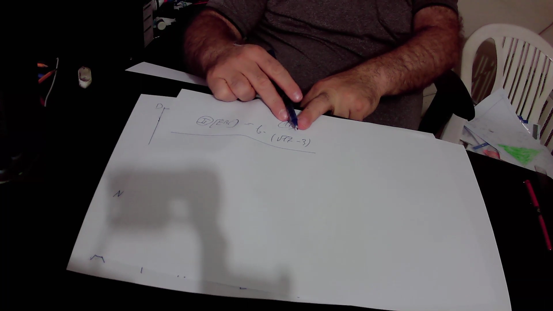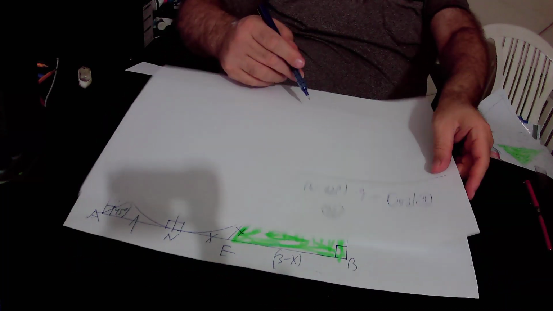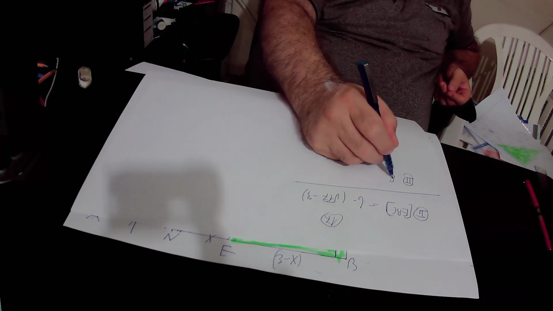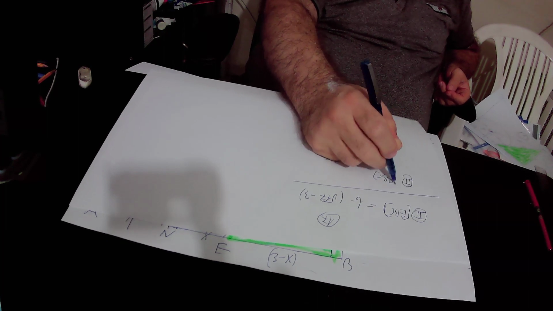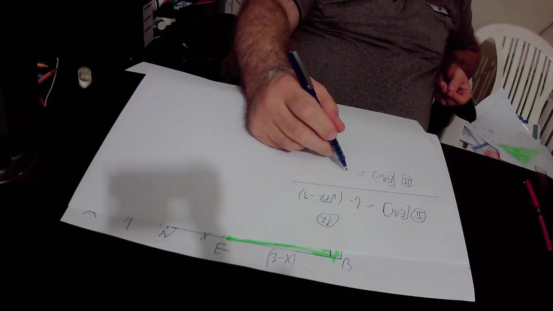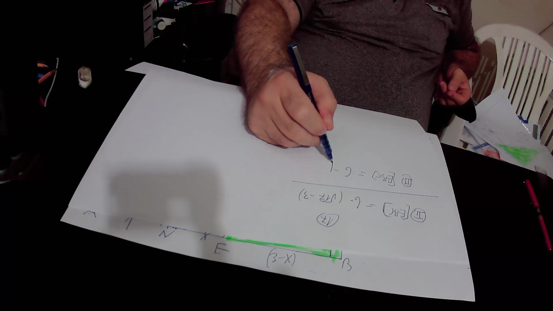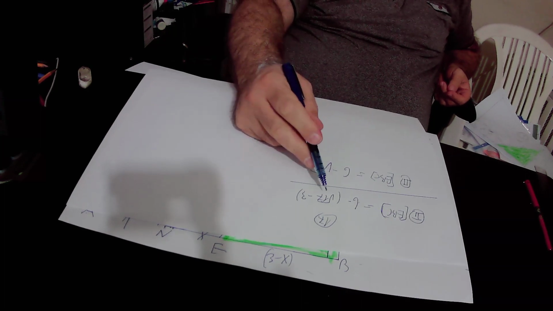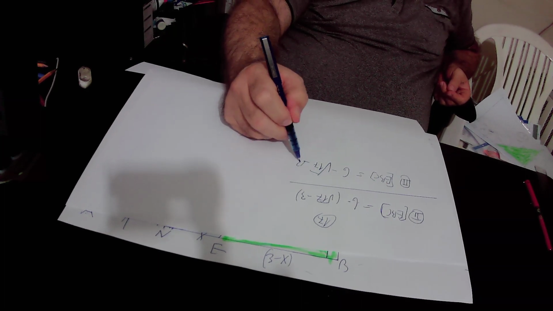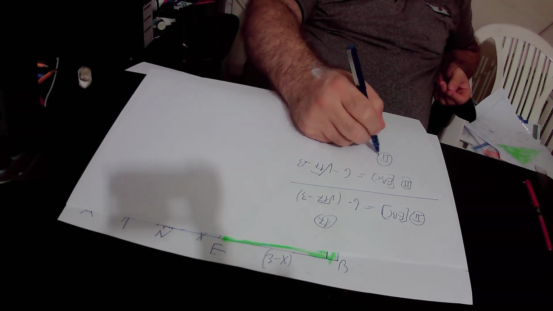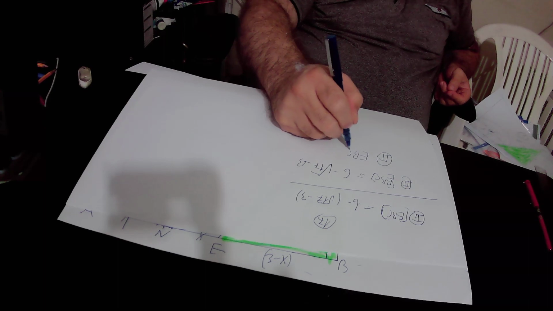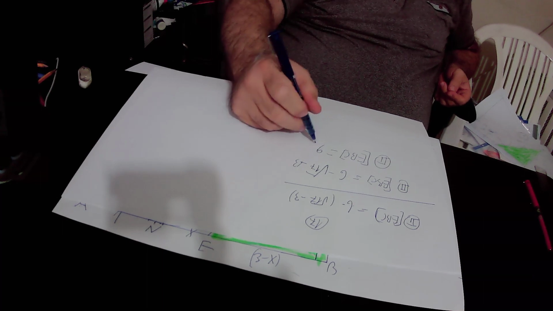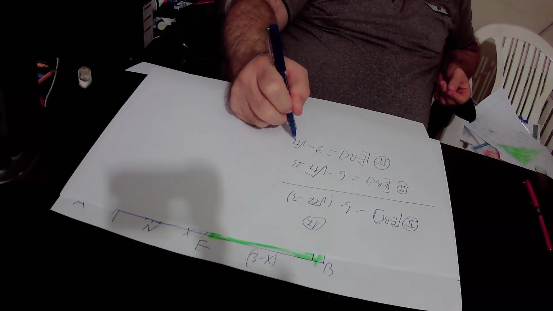Minus times minus is plus, so we get that the area of the green right triangle, triangle EBC, equals 6 minus square root of 17. 6 minus minus 3 is plus 3. So in total the area of triangle EBC equals 6 plus 3 is 9 minus square root of 17 units.